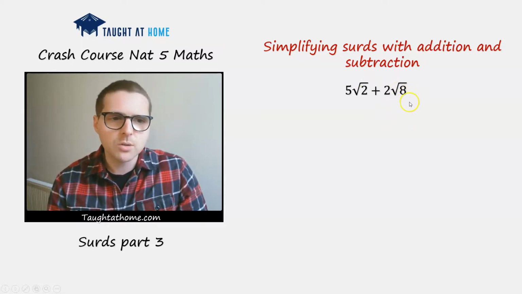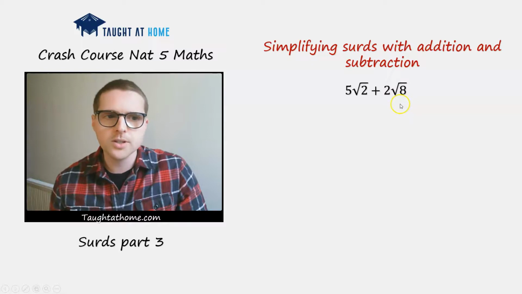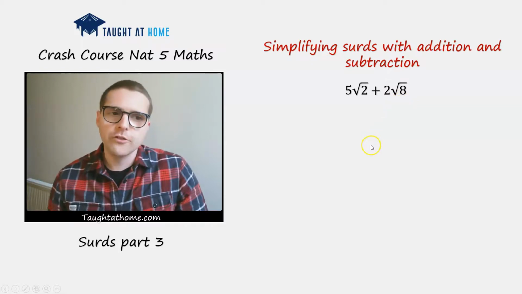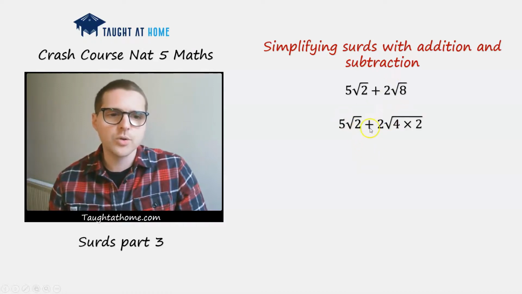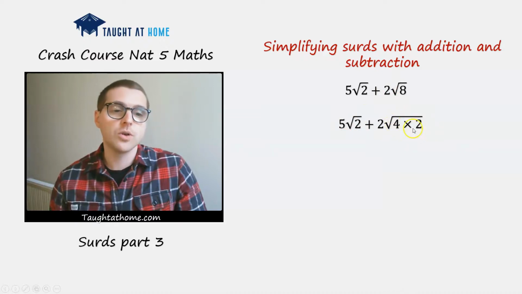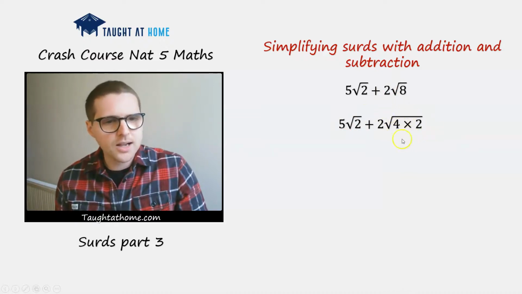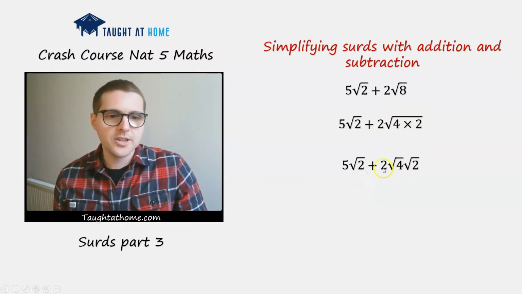So we're going to split this up into a product of 2 numbers, one of which is a perfect square. So we've got 4 times 2, because the 4 is a square. So this could be rewritten as 5 root 2 plus 2 times the square root of 4 times 2. Let's split this part up to be a product of 2 roots. So now we've got this plus 2 root 4 root 2.